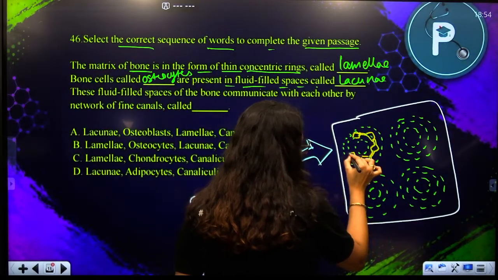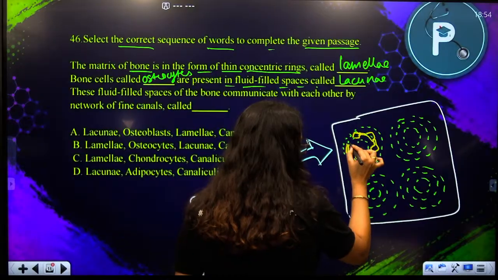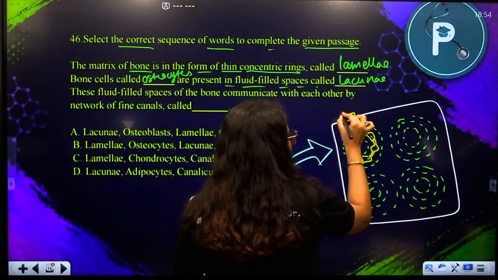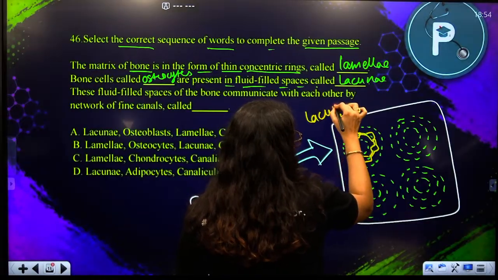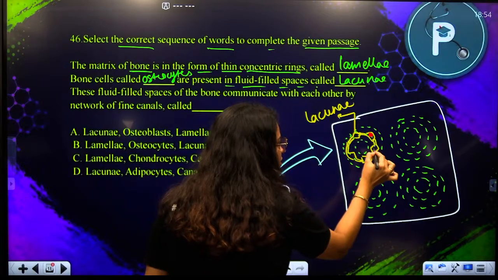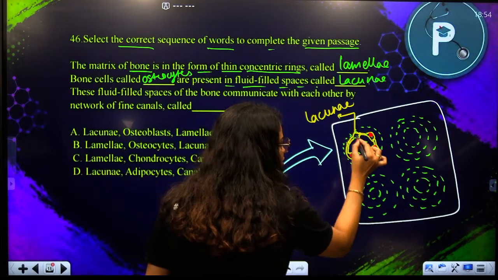The lacunae are small spaces. Inside the lacunae, let's imagine, you would see these bone cells present. These are the osteocytes.